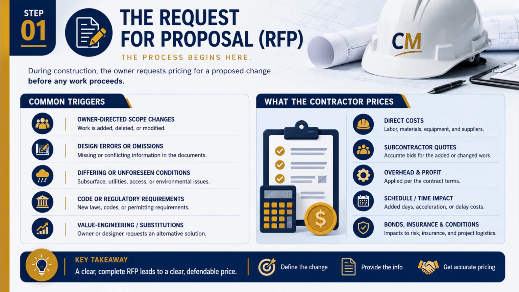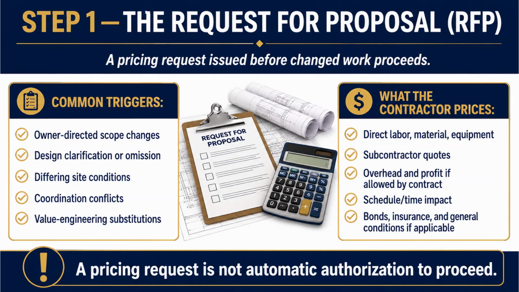Push for clarity. This slide is a quick consolidation of the RFP: triggers on the left, what you price on the right. So I'll move fast since we just covered it. Common triggers: owner-directed scope changes, design clarification or omission, differing site conditions, coordination conflicts, value engineering substitutions. Same list, locked in.